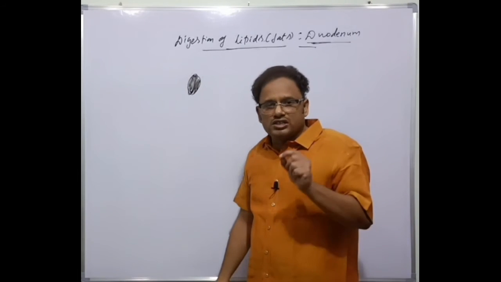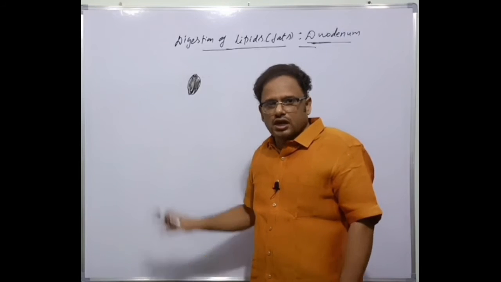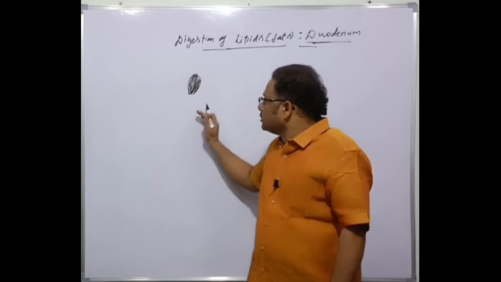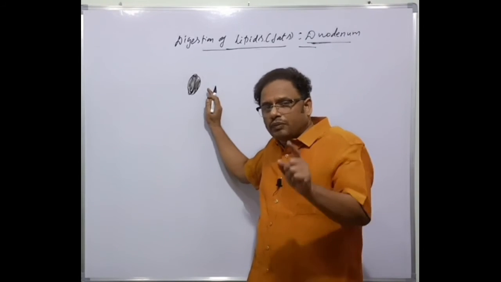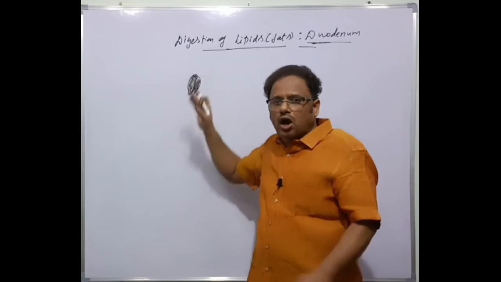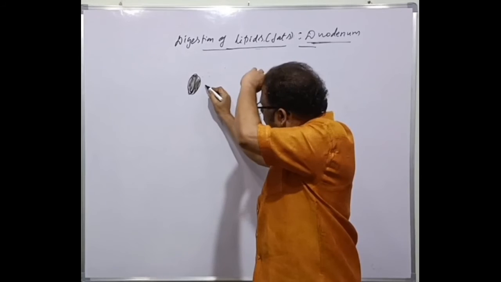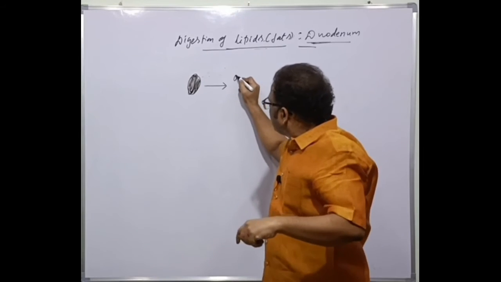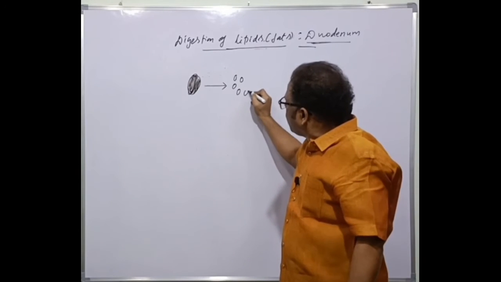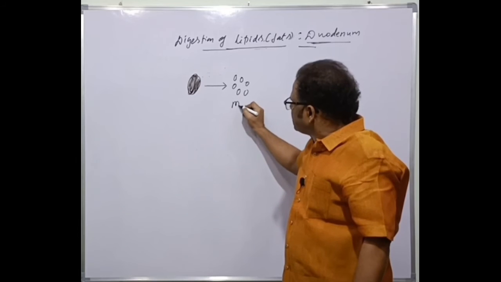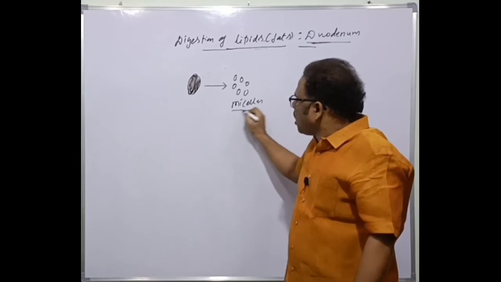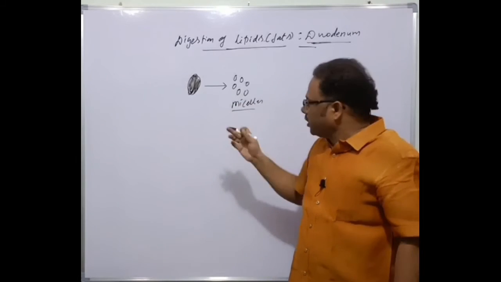Hydrolysis happens here, so the enzymes cannot directly break down this large fat molecule. So what is needed? It must be broken down into simpler fat molecules, smaller lipid droplets called micelles.